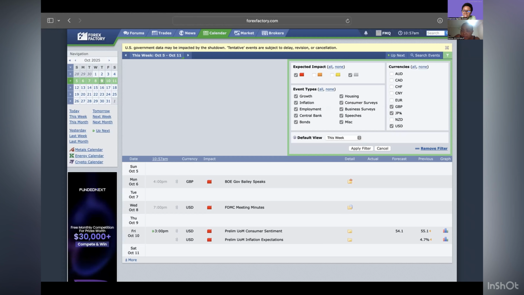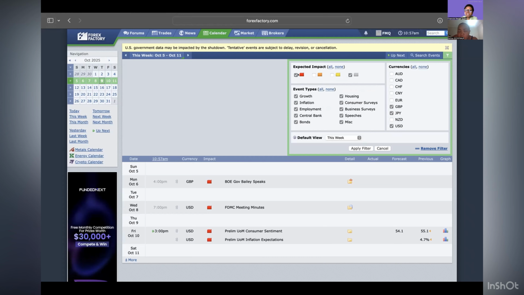Now, come to the other side where you have expected impact. There's the red folder, the orange folder, the yellow, and the gray folder. Untick the orange and the yellow; you don't really need them. The gray means public holiday.